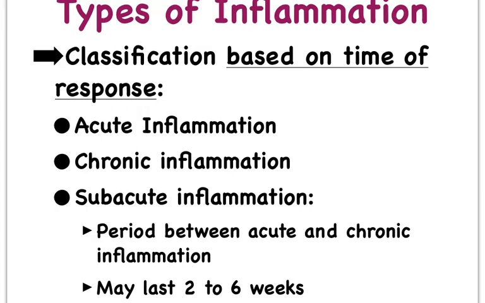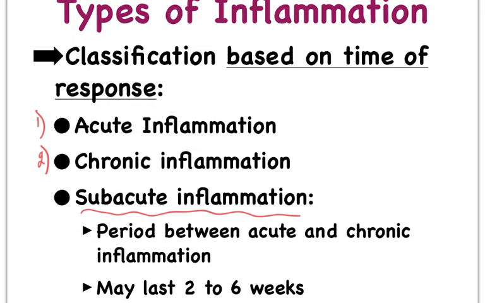Now, there are two major types of inflammation. I know that you see three here, but there's really two major types. With this third one, subacute inflammation, is sort of a transition period between acute and chronic inflammation. And of course, by now, I'm sure you realize that the difference between an acute and a chronic process is based on timing or the length of time of the response.